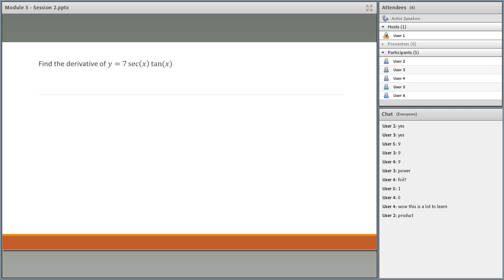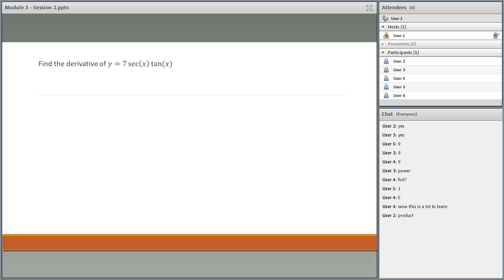Very good. I have secant x and tangent x multiplied together, and the 7 is just a constant, so it just stays where it is. Two functions multiplied together, and there's really no way that I can simplify this. Even if I rewrite secant and tangent in another way, it doesn't simplify. So there's really not much else I can do.